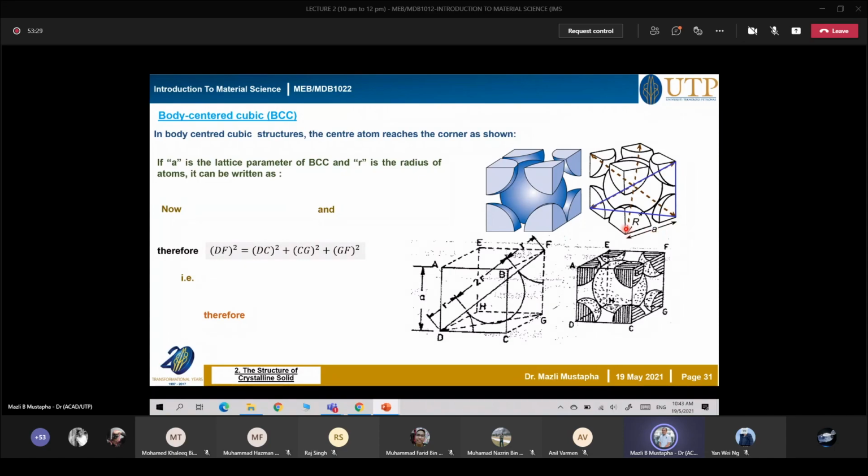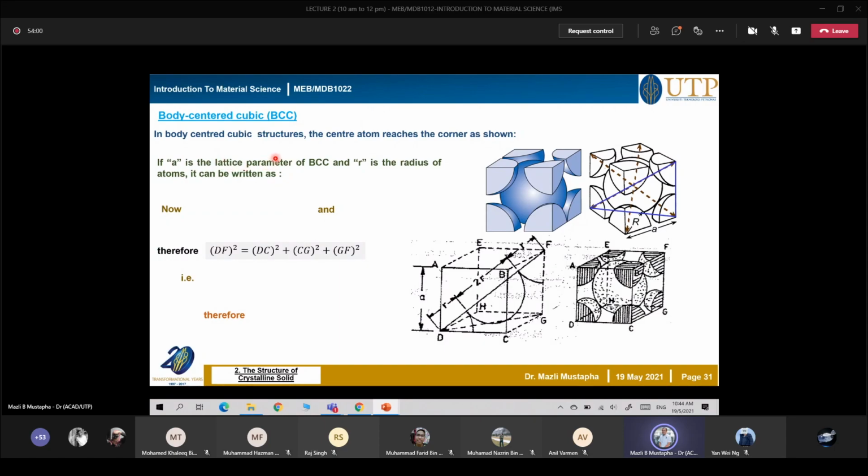Radius is just the radius of the atom. A is the edge length of your cubic cell. So for the body centered cubic, they will always ask you the relation between the radius of the atom and A. Sometimes they also call A the lattice parameter.